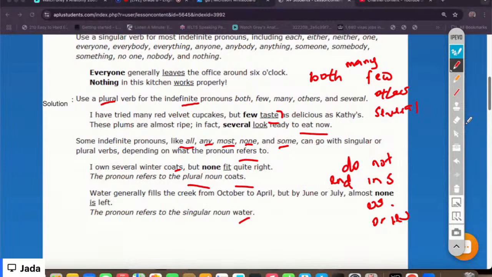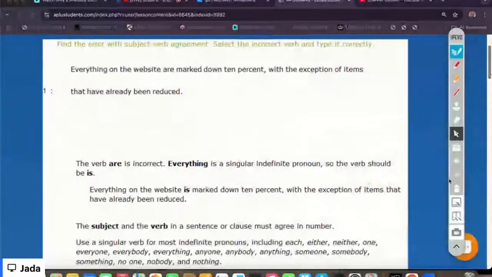Let's look at some sentences. Alright, everything on the website is marked down 10%, with the exception of items that have already been reused.